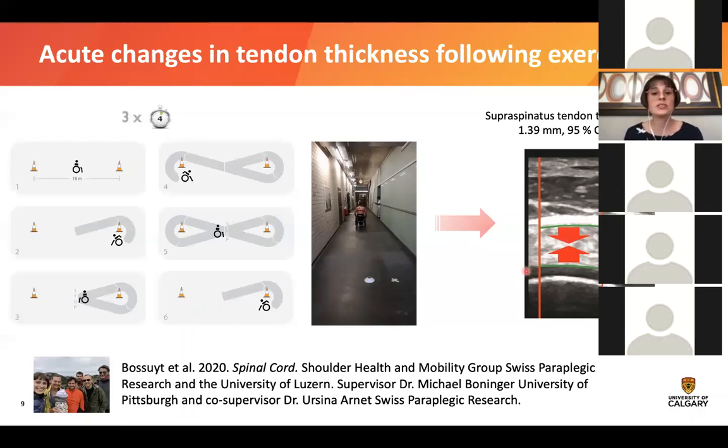And this is a normal response to loading, which is alignment of these fibers in the direction of the applied stress with loading. However, we also saw that certain persons, those who are heavier, presented the opposite change. They presented an increase in thickness in their tendon, and this may be related to overload.